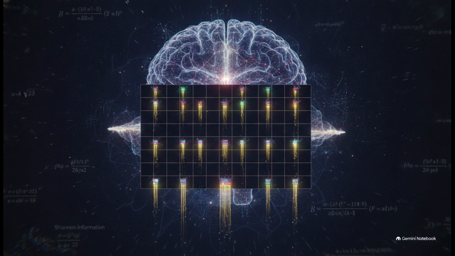See, a digital camera captures a massive amount of data, but its sensors are entirely isolated from one another. The pixel in the top left corner has absolutely zero interaction with the pixel in the bottom right. This generates what's known as Shannon information. It's an image that is highly meaningful to an outside observer, like you or me looking at the photo on a screen, but it means absolutely nothing to the camera itself, because the camera doesn't integrate the data internally.